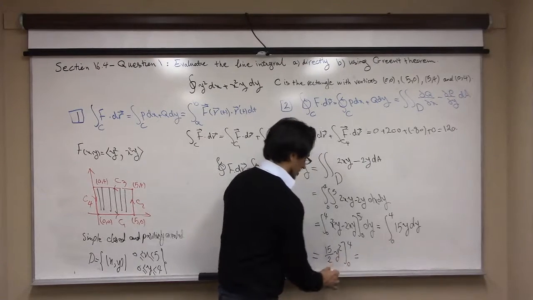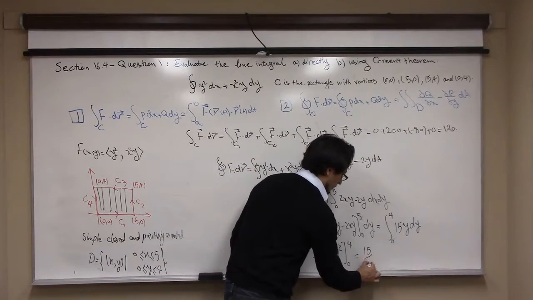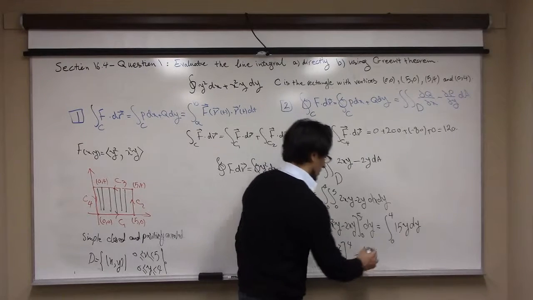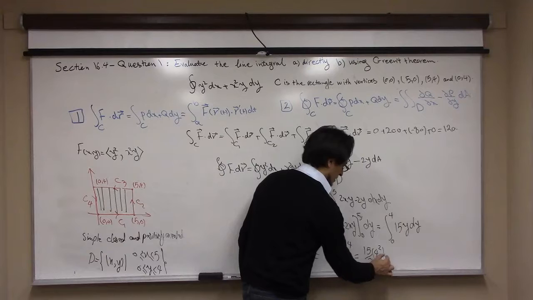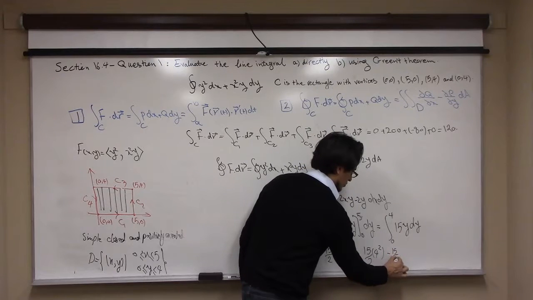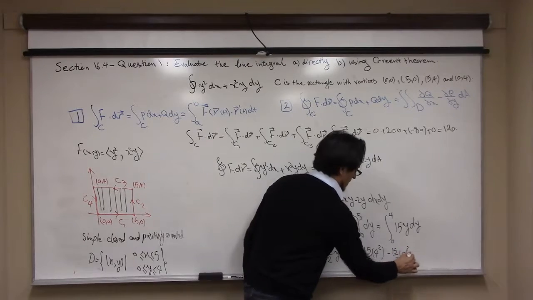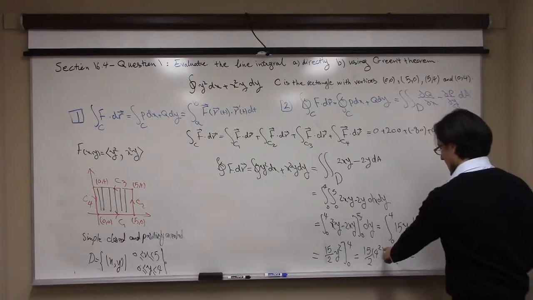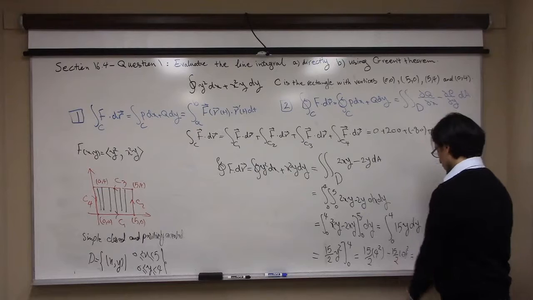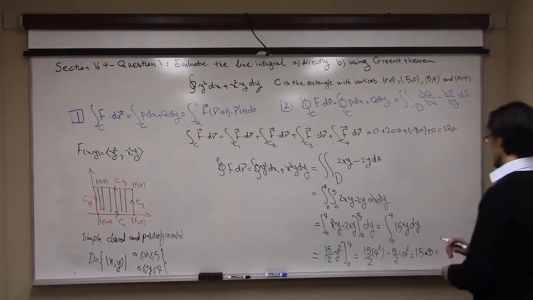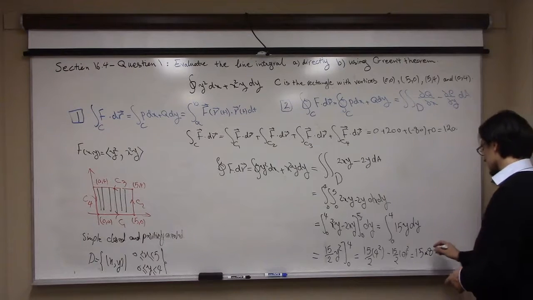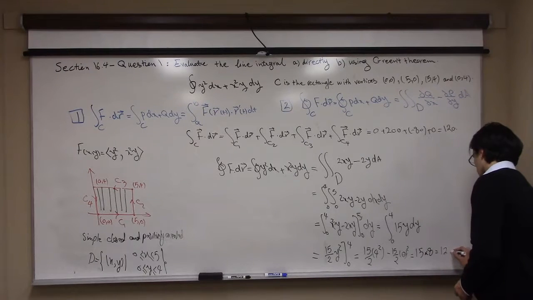And plug in values. So it is 15 over 2 times 4 squared minus 15 over 2 times 0 squared. And if you do that, you get 16 over 2, it is 15 times 8. 15 times 4 is 60, and 2 of them, it is 120.